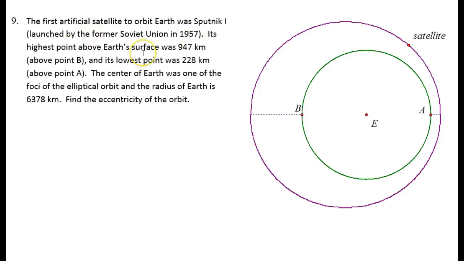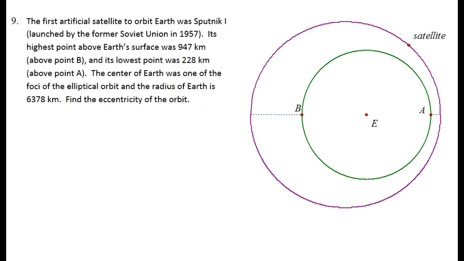Its highest point above the Earth's surface was 947 kilometers, and that's above point B. And its lowest point was 228 kilometers, and that's above point A. The center of the Earth is one of the foci of this ellipse. And the radius of the Earth is 6,373 kilometers. Find the eccentricity of the orbit.